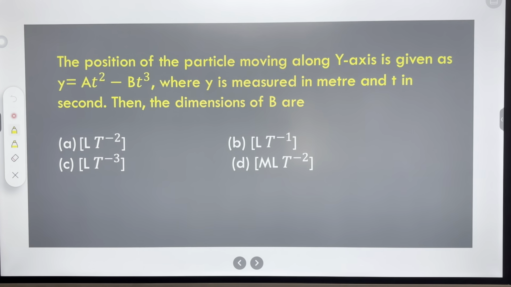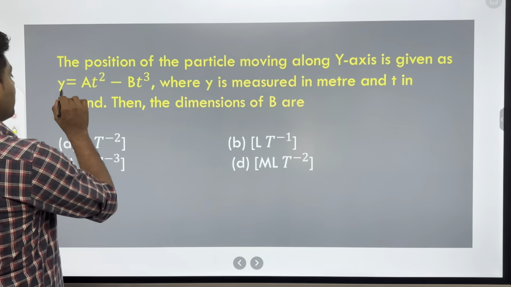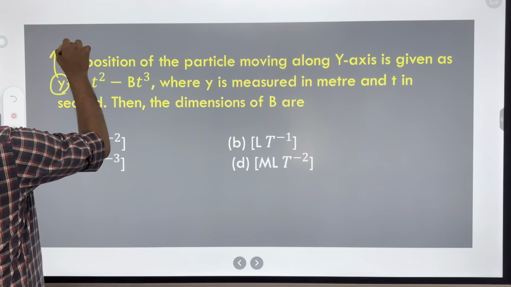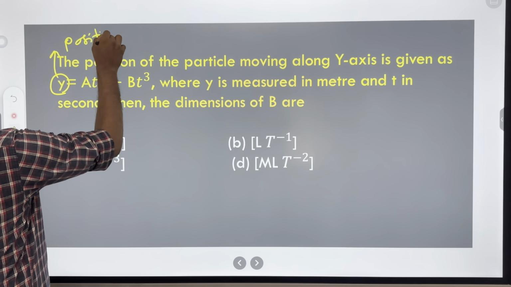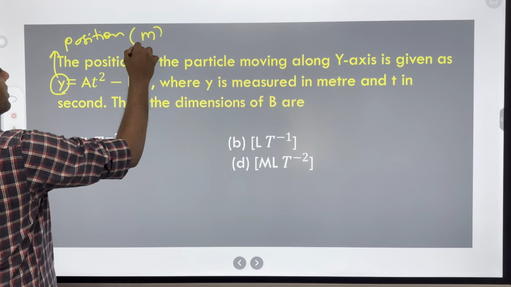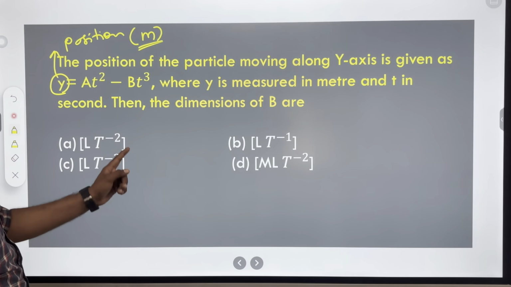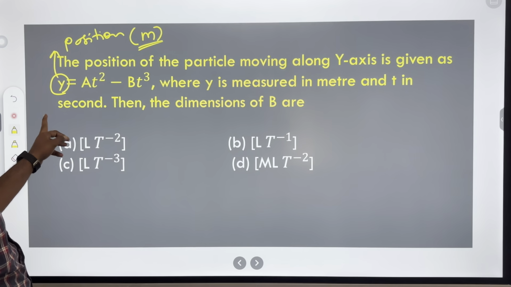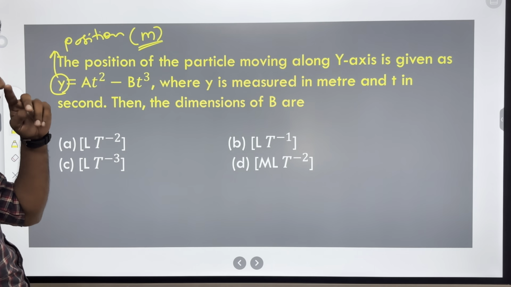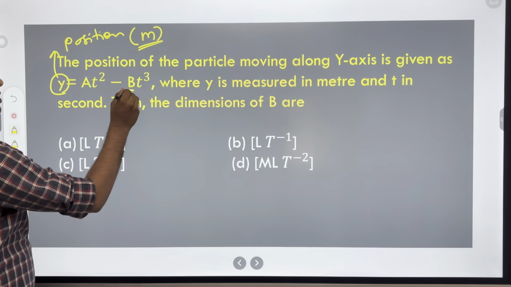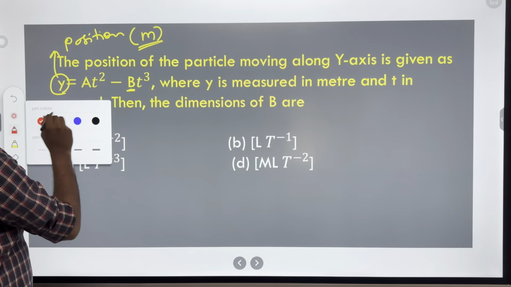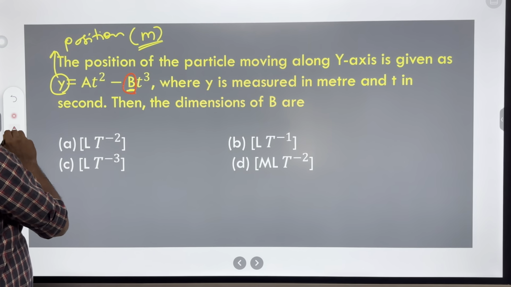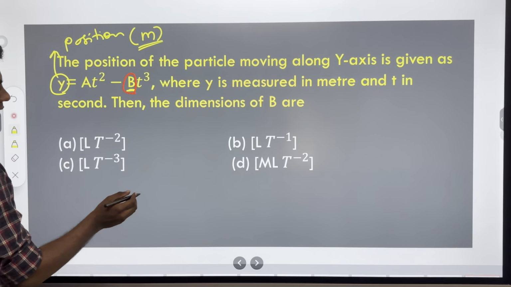Next, the position of a particle moving along the y-axis is given by y, and as we know position is measured in meter, that is the distance or displacement, where y is measured in meter, already given, t in second. Then we have to calculate the dimensional formula for b. How to calculate it? Very easy.